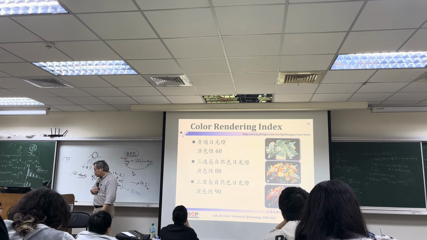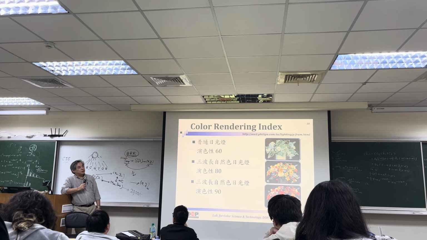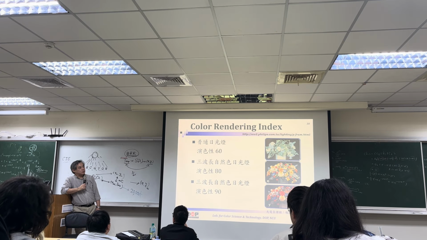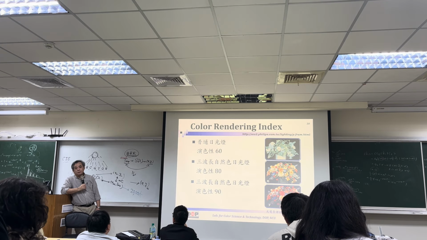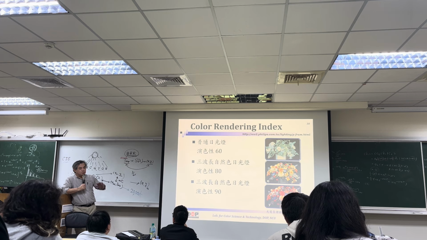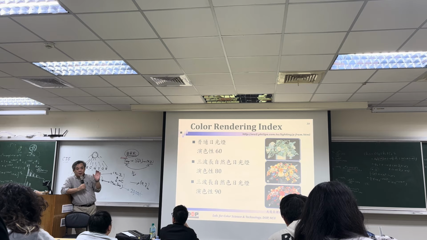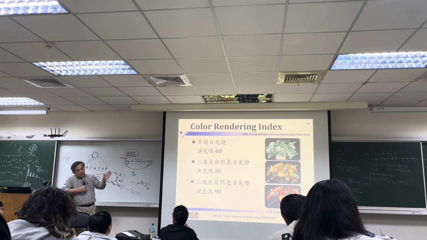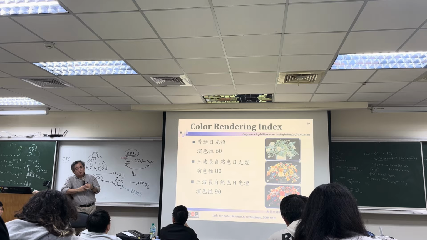Right now, for our LED light source, it is very easy to create a CRI higher than 80. 75 is the lowest level for LED with a blue LED die combined with yellow phosphor.